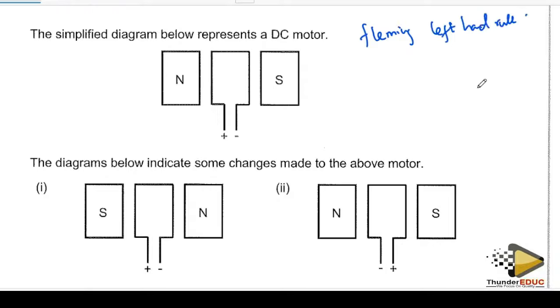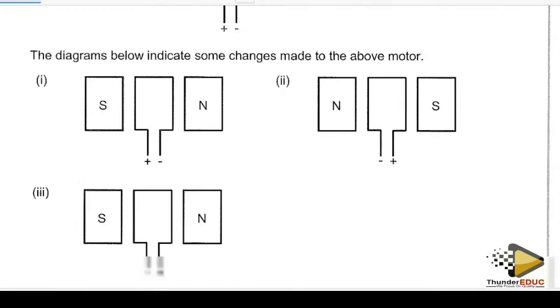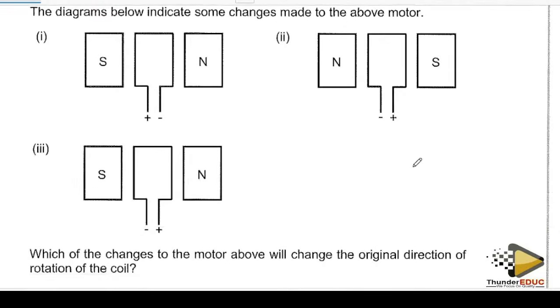That's the basic thing we need to know. They are asking us about some changes that we made to the motor. You can see the north and the south being switched around, and then you can see that the terminals are also being switched around in the second option, and so on and so forth.